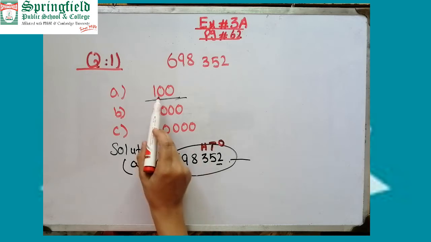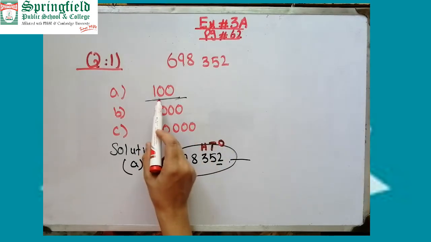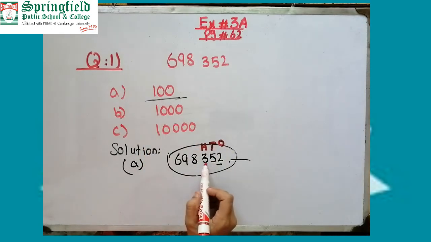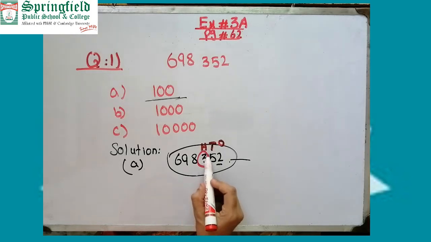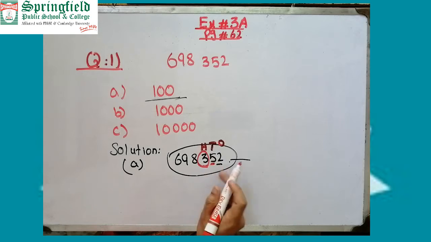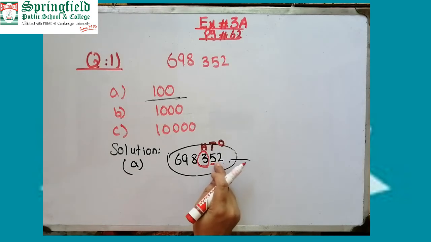So they are saying round off this number to the nearest 100. So we will see which digit is at the place of 100. 3 is at the place of 100. So circle this digit in the first step, and in the second step we will highlight the digit after the circled digit.